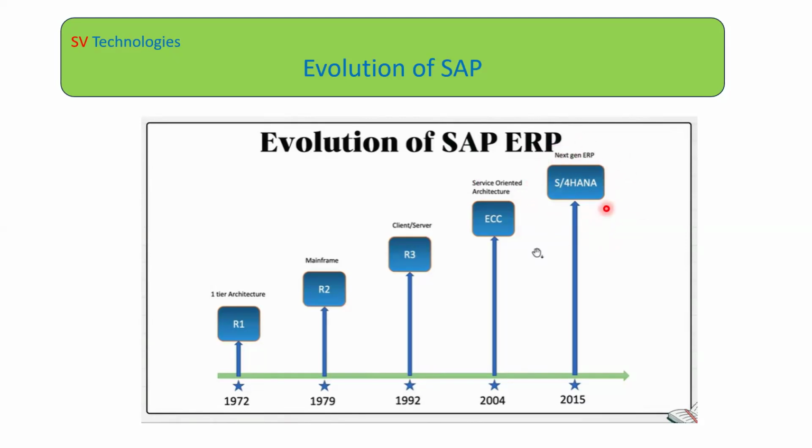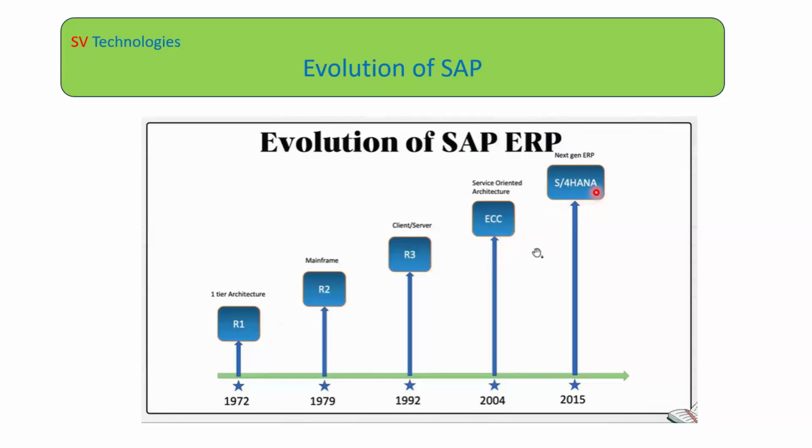Compared to this, other than S4 HANA, whatever database structure we have, it was taking a huge time to retrieve the data from the database. Whereas in S4 HANA, a new database has been developed, completely by the SAP people. In this S4 HANA database, the data retrieval will be faster than in the other ECC versions.